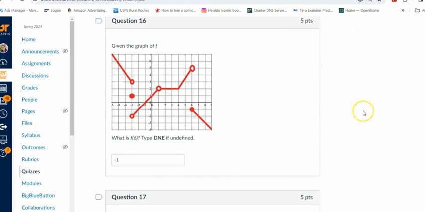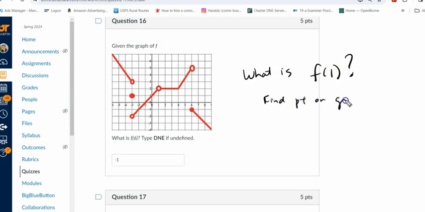Now, let's change the question. Suppose we had been asked what is f evaluated at 1. Well, you would have to first find the point on the graph with x coordinate equal to 1.